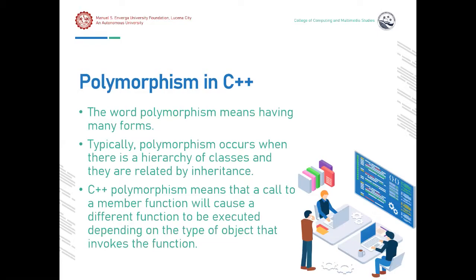And typically, polymorphism occurs when there is a hierarchy of class and they are related by inheritance. Polymorphism means that a call to a member function will cause a different function to be executed depending on the type of object that invokes the functions.